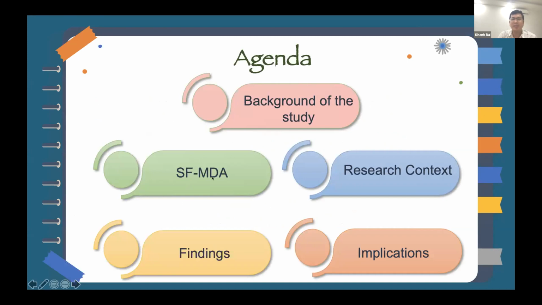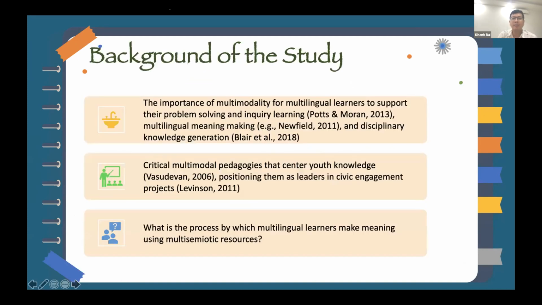First I will talk a bit about the background of the study. Then I will move on to talk about SFMDA, that means Systemic Functional Multimodal Discourse Analysis. And then I will talk more about my research context, the findings, and also the implications. Moving on to the background of the study.